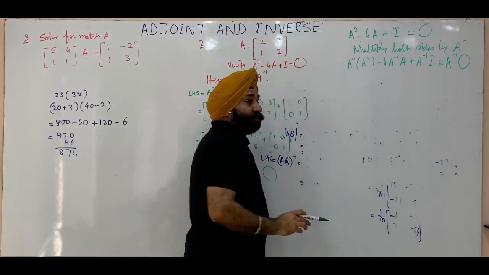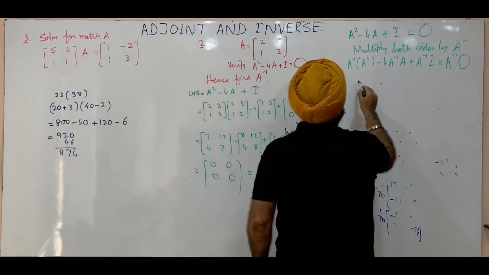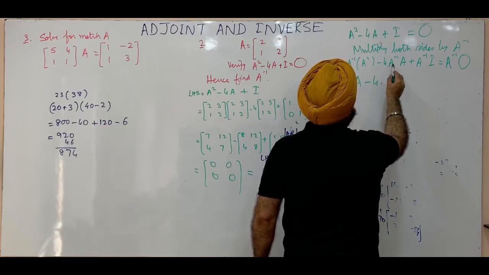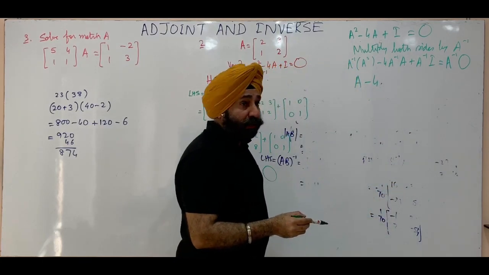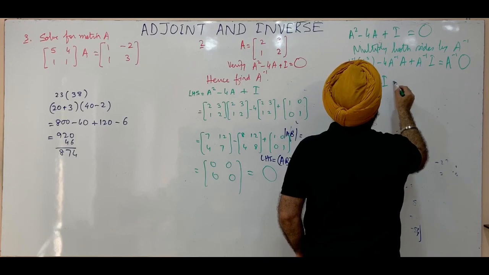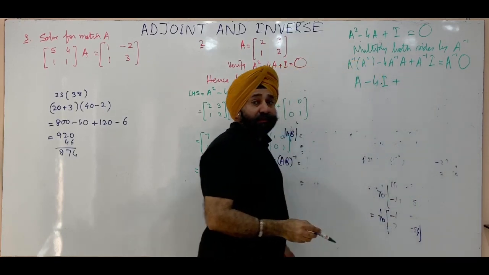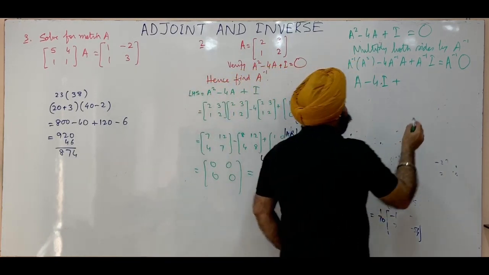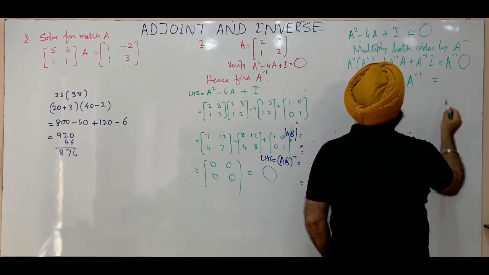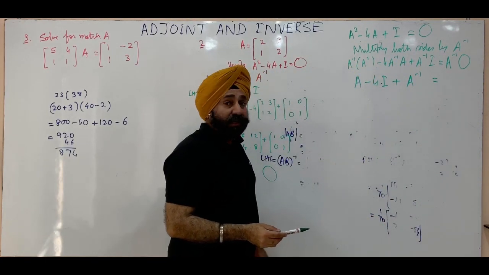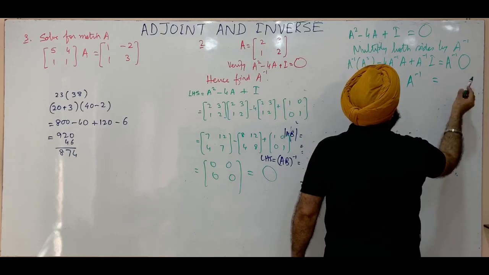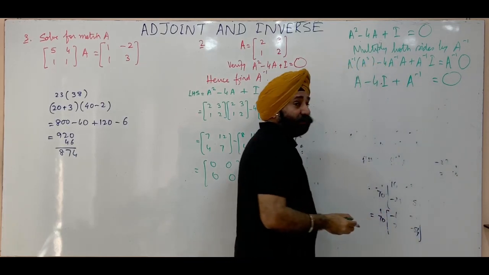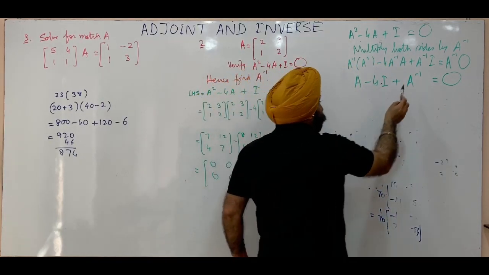A inverse into A square, this will be A. A inverse into A, this is I. And any matrix into I is matrix itself. So therefore this is A inverse. And what is any matrix multiplied by null matrix? We know it's null matrix.